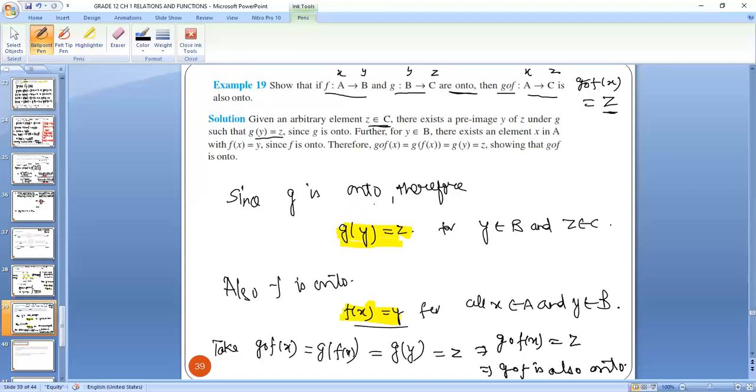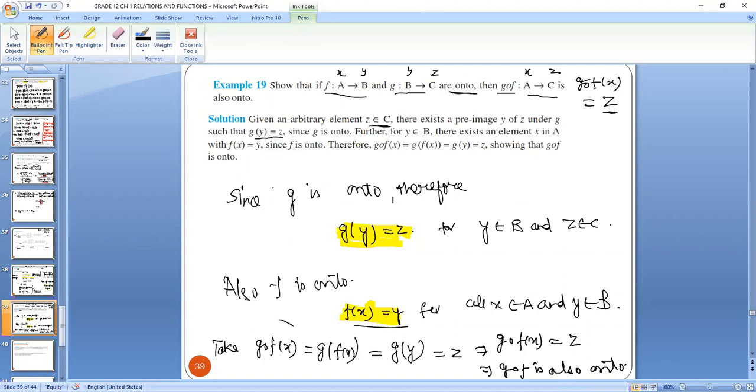Simply apply the definition of onto function, that for every Z there is a pre-image Y, for every Y there is a pre-image X. Then G of F of X, we are applying the definition of composition, G in the bracket F of X. We are putting the value of F of X, which is Y, and G of Y we have already solved that it is Z. So this proves that G of F of X is equals to Z. If G of F of X is equals to Z, this implies that G of F is also onto.